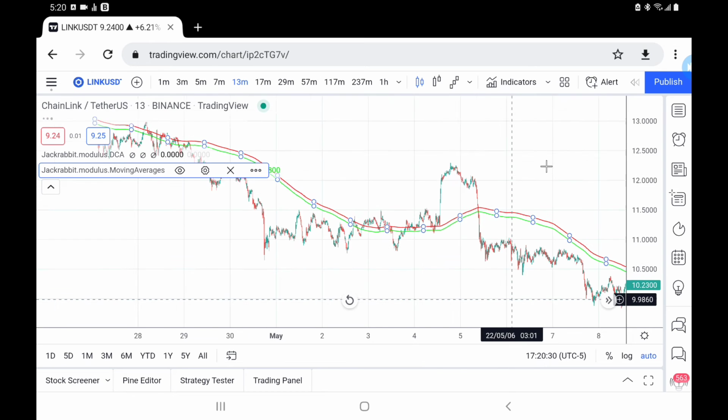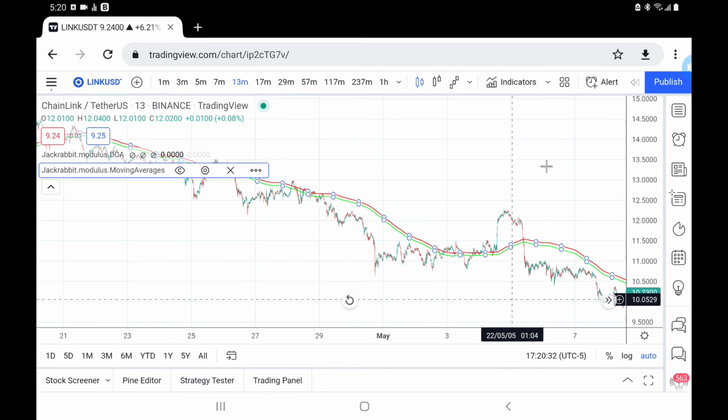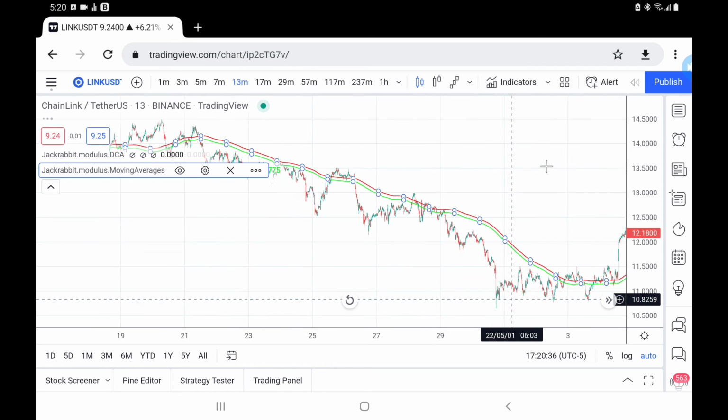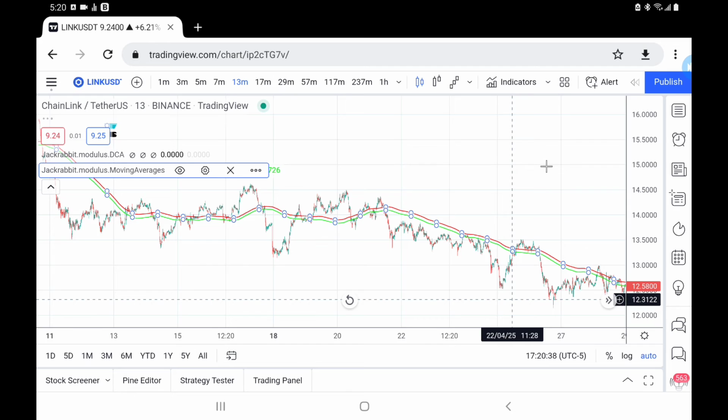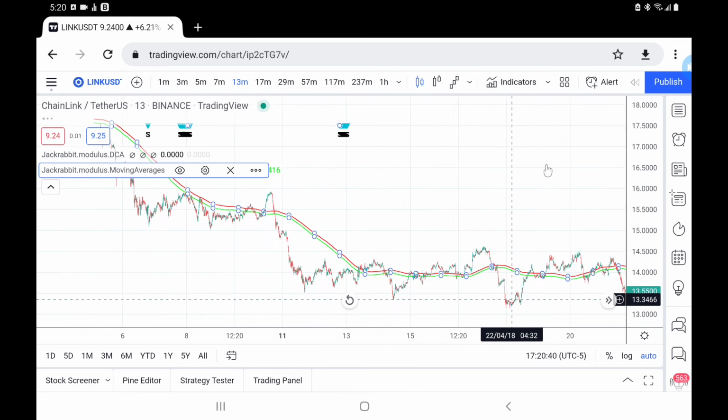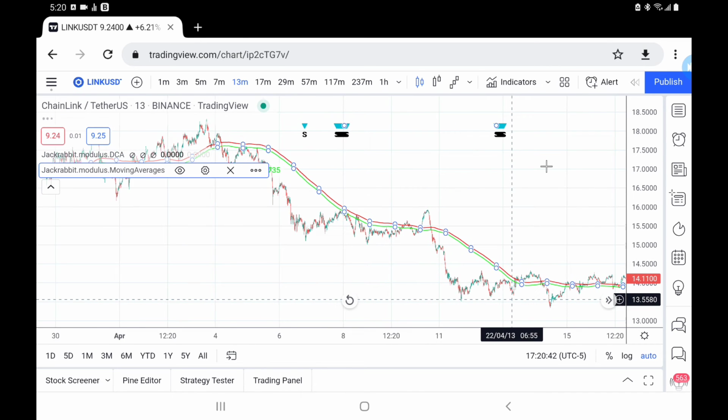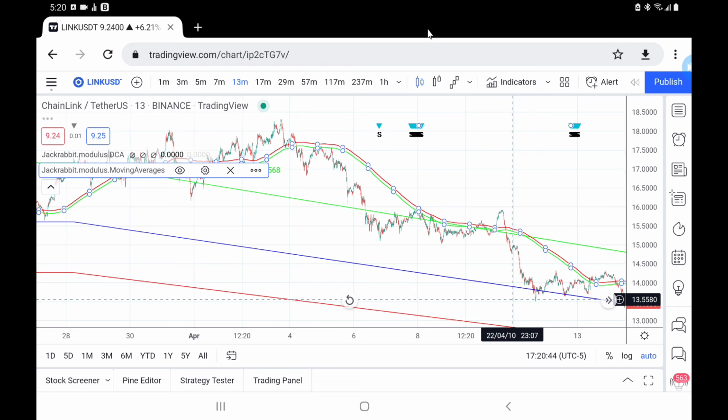In fact, let's go outward and take a look at this rather brutal bear run that we've been in through November. And as you can see, the whole market is just trending downward aggressively.